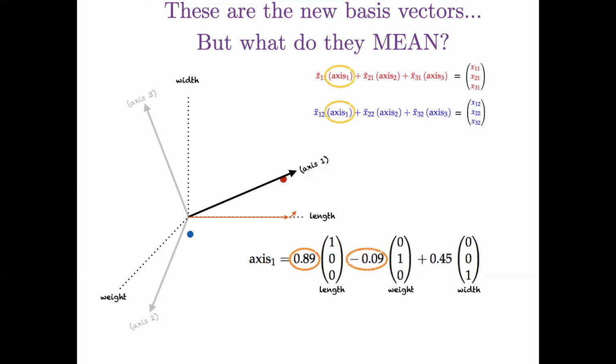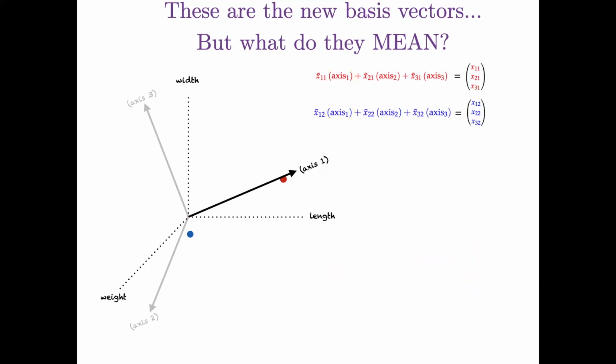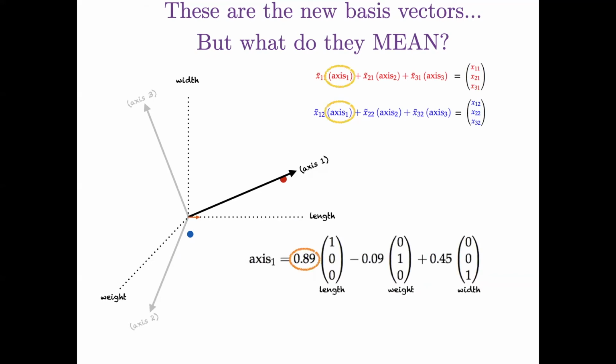Again, this is a 3-dimensional drawing. It's probably a little hard for you to realize that that went behind the slide. And 0.45 times width. That linear combination of my original axes will give me that new axis.